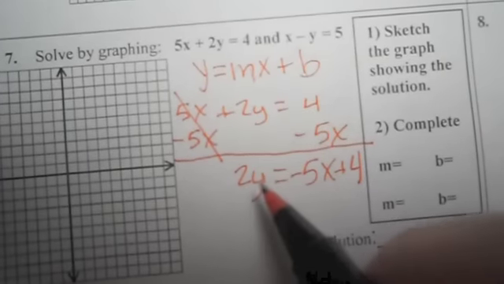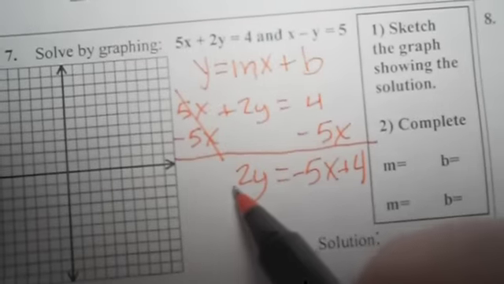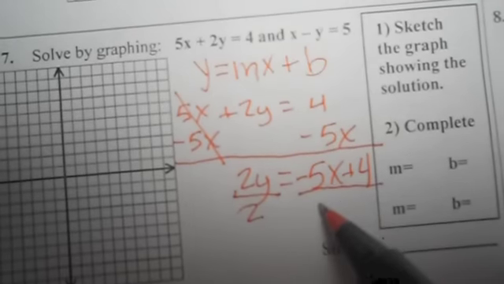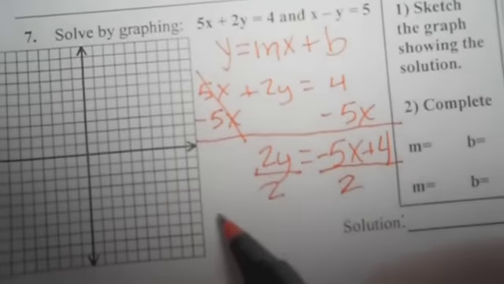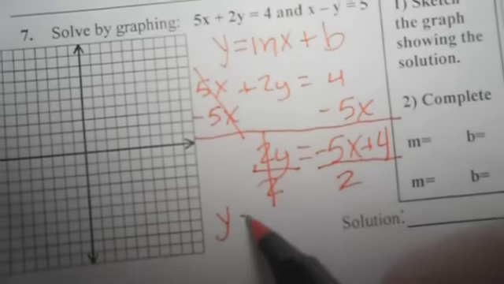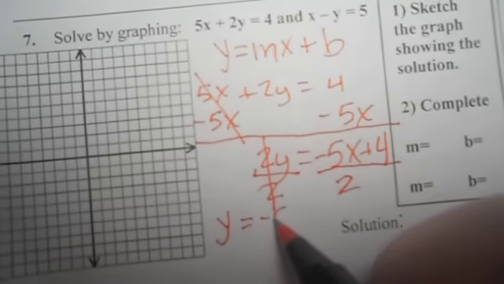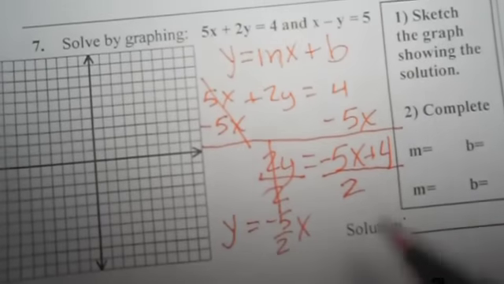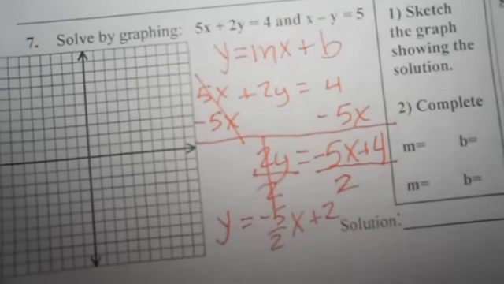Now this is a 2y. That's not what we want. We want just y by itself. So we need to divide by 2, and we'll do it to both sides. Then we have, I'm going to write it over here, 2y divided by 2 is y. Negative 5x divided by 2, well, there's no simple way to write that except negative 5x over 2. 4 divided by 2 is 2.